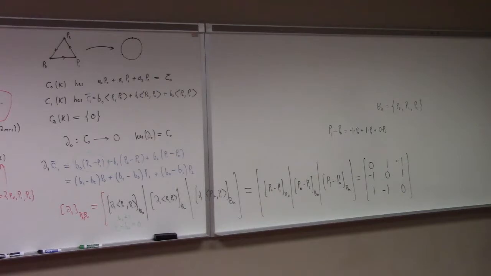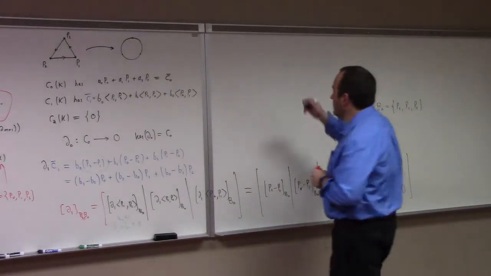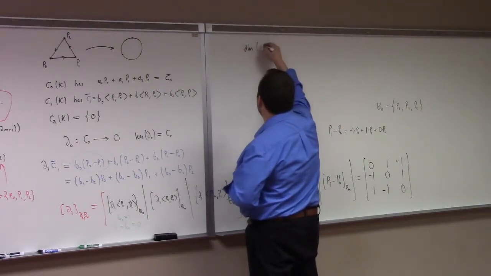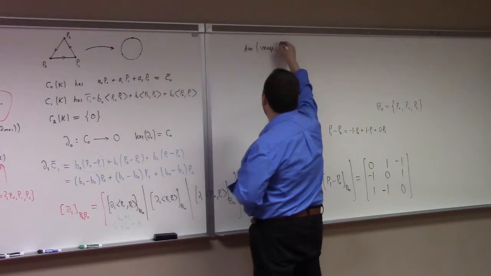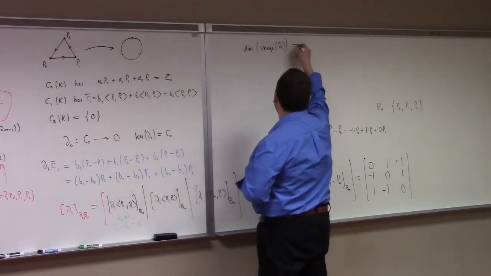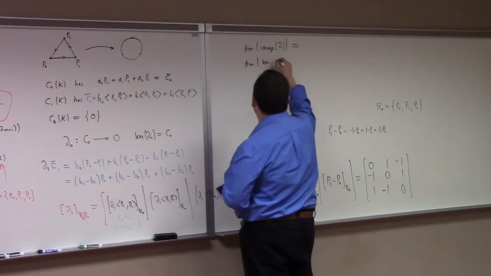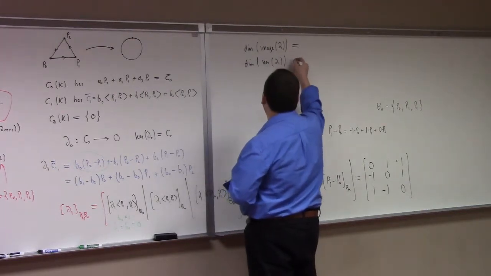Now, long story short, now that we've looked at boundary 1, you can tell me the dimension of the image of boundary 1 equals what? What's the dimension of the kernel of boundary 1 equal to?